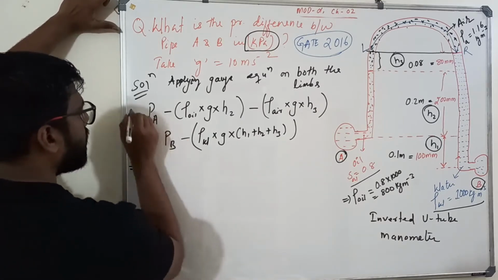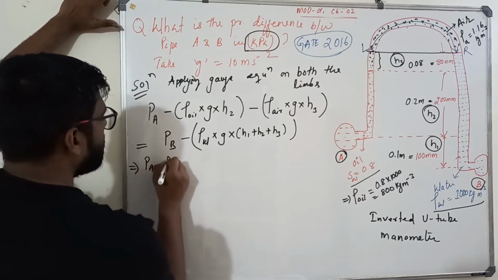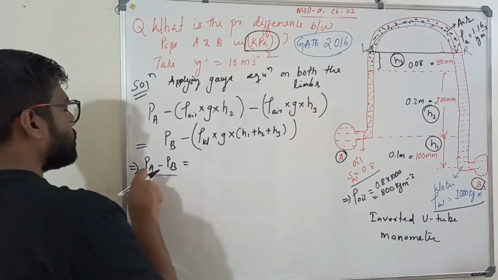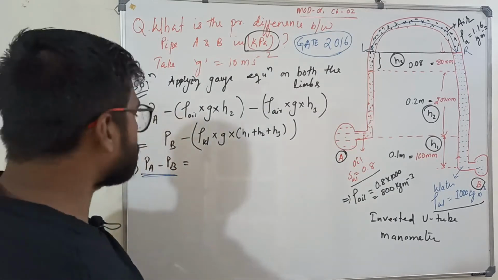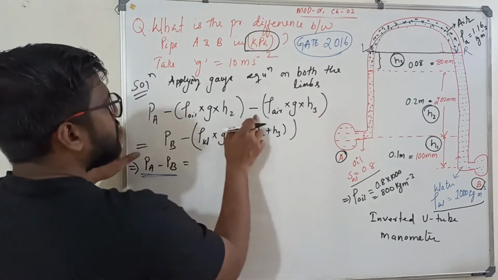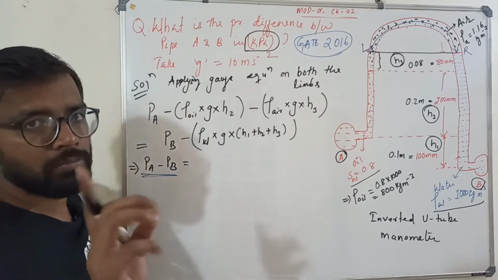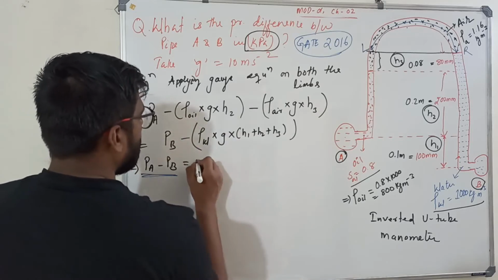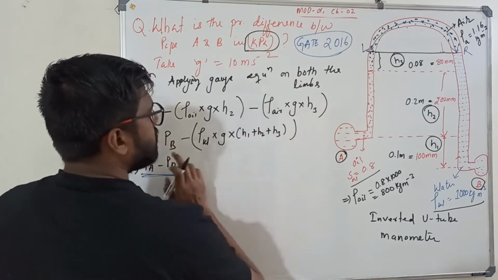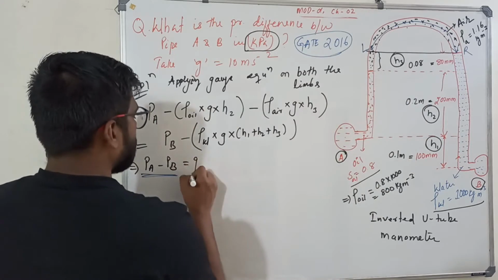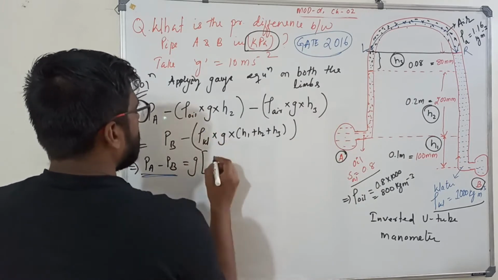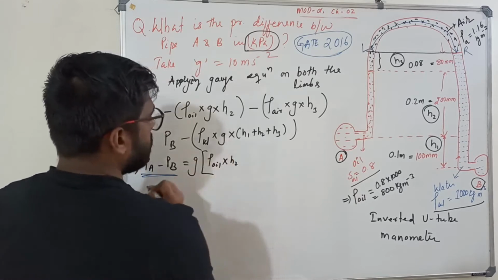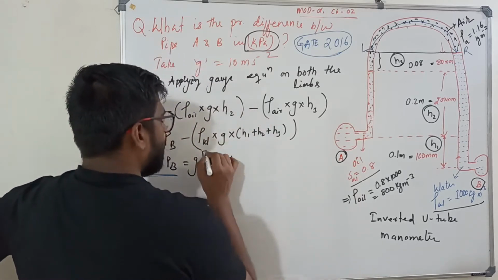So now take PB there. PA minus PB, that's what they have asked in the question, the difference in pressure of A and B. Now this is minus, this is minus; when it goes to that side it will become plus. Taking g common from everywhere, left is rho oil multiplied by H2.